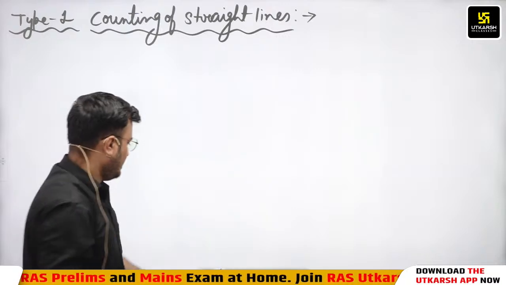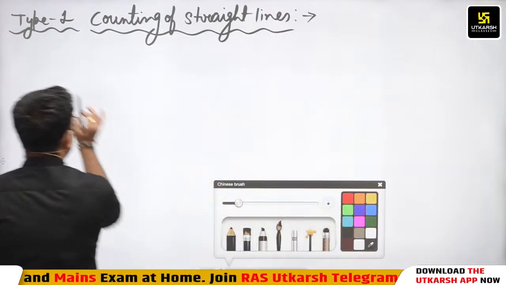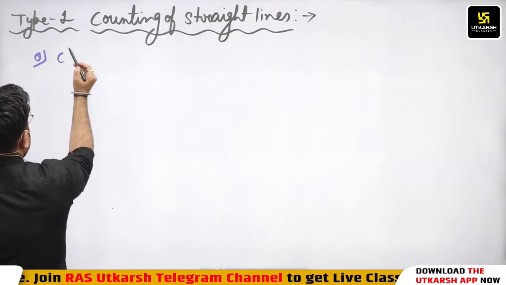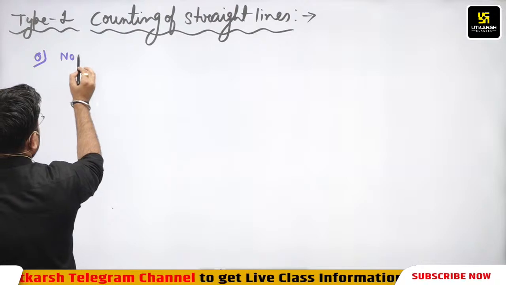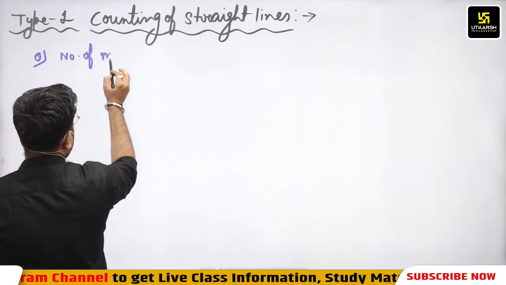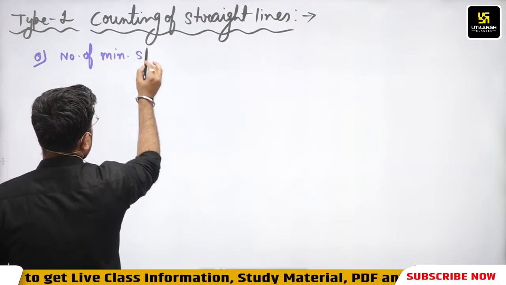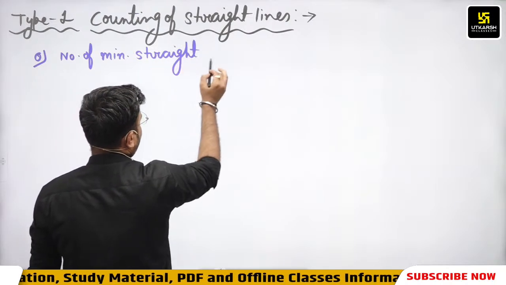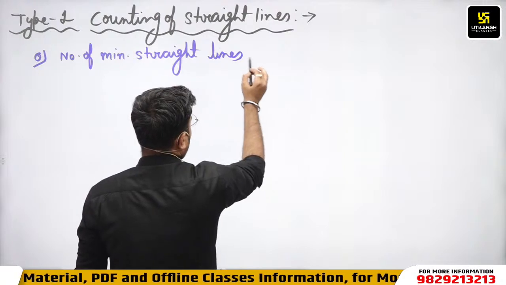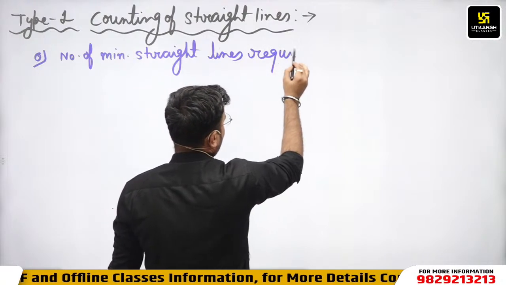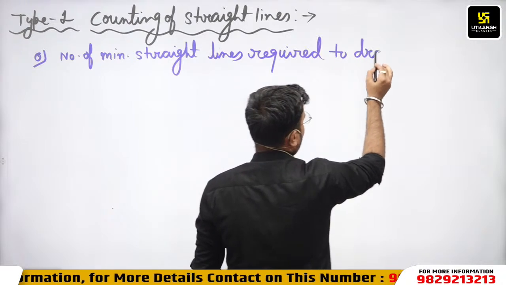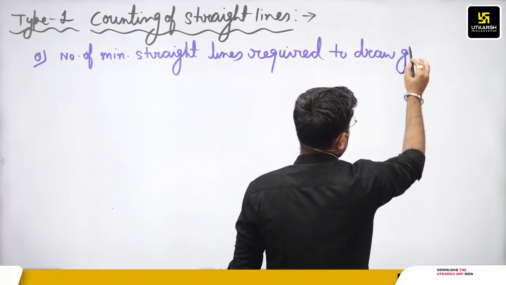So basically the examiner will ask the question in this form: number of minimum straight lines required to draw the given figure.